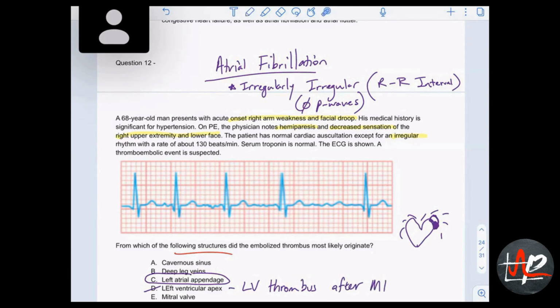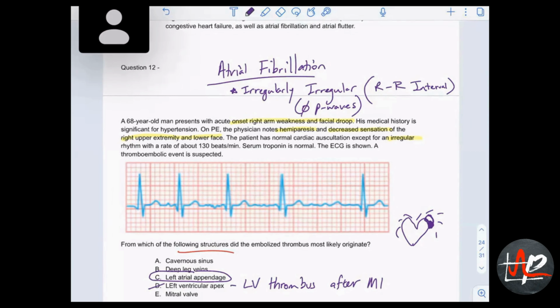If this patient had ST segment elevations, let's just redraw the EKG and say it looked like this instead, and it wasn't irregularly irregular, let's say it was completely uniform RR intervals, then your answer would actually be the left ventricular apex.